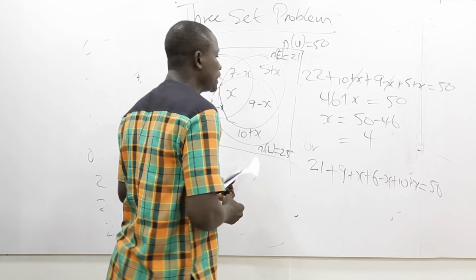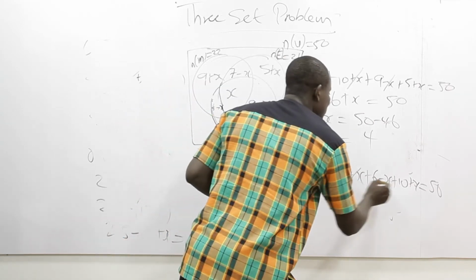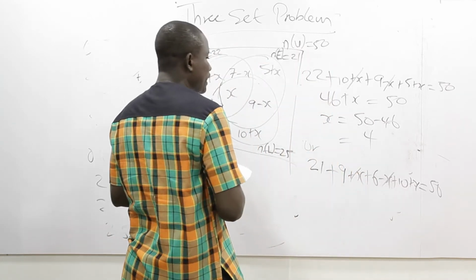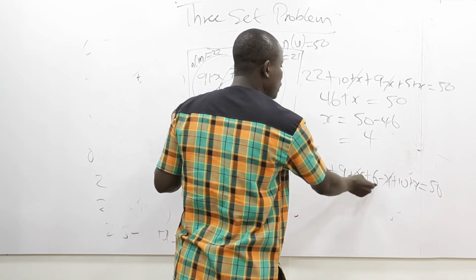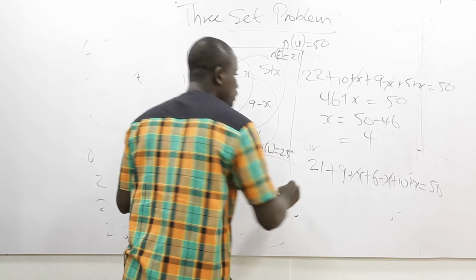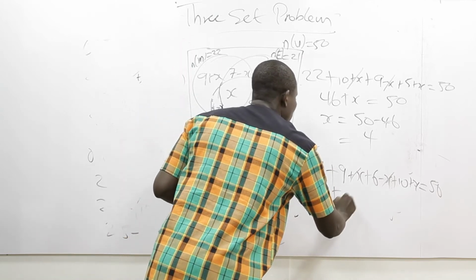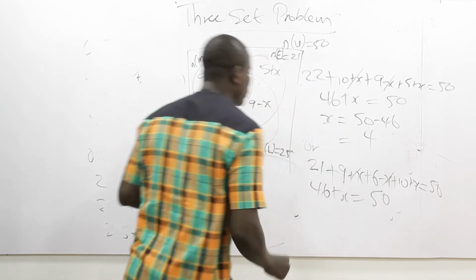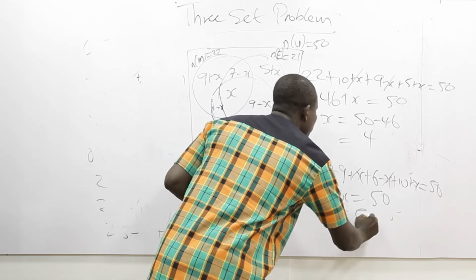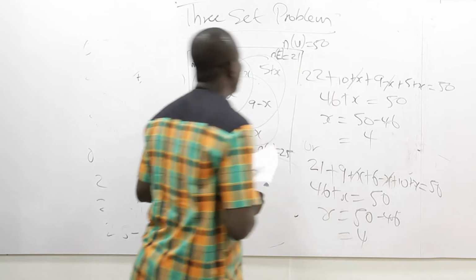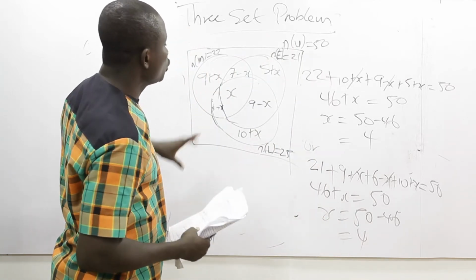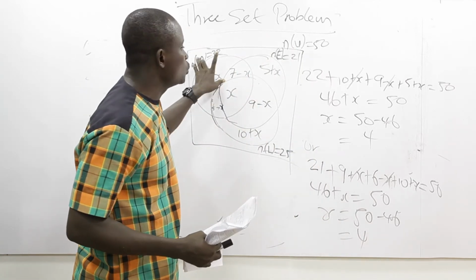Let's see whether we are going to get the same result. In fact, this and this will go off. So let's add again. This and this will give you 30, then 36, then 46. So 46 plus x is equal to 50, so x is equal to 50 minus 46, and the same way you get 4.